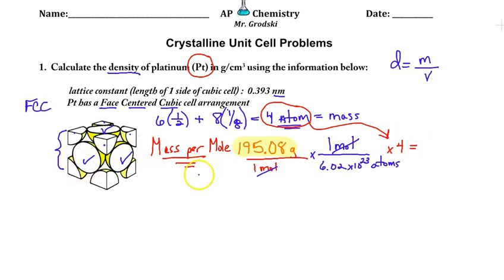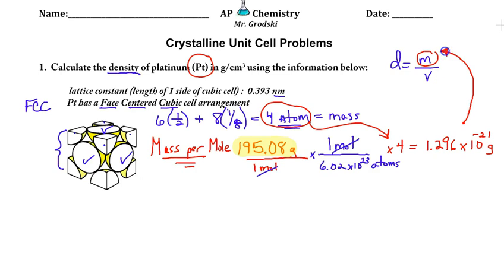So I put this in my calculator: this times this divided by 6.02 times 10 to the 23, times 4. I get 1.296 times 10 to the negative 21. What's my unit? That's grams per 4 atoms. And that's my mass here, so I'm going to use that later.